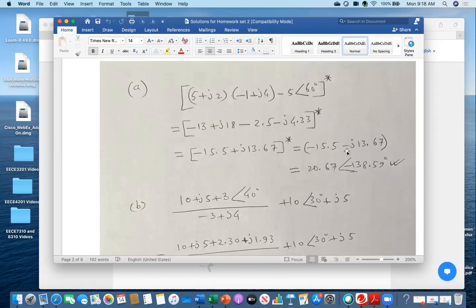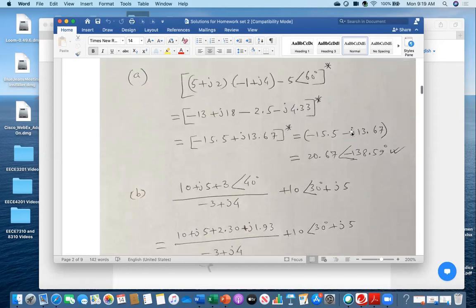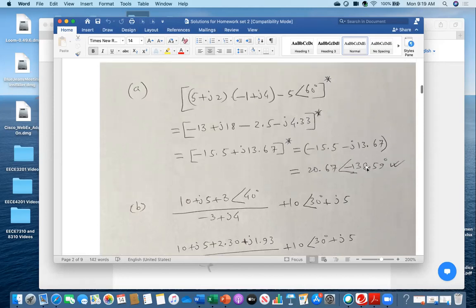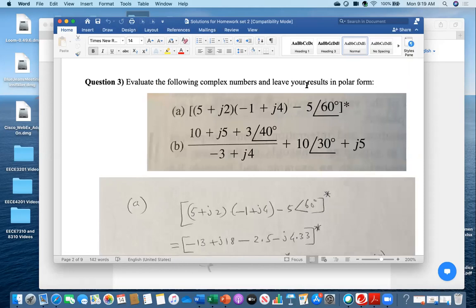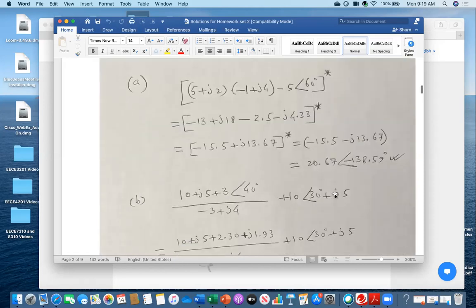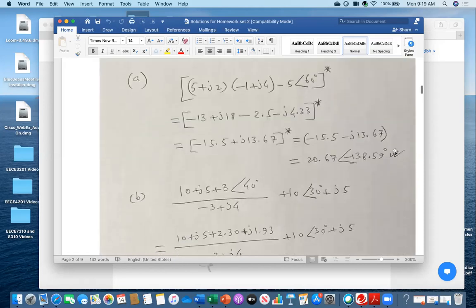So what I did is make it minus. So that is the meaning of the complex conjugate. And then from there I got this one. So therefore this should be the correct result. This is what you are asked. It says leave your results in polar form, so you have to show this one. I think everybody did this one.